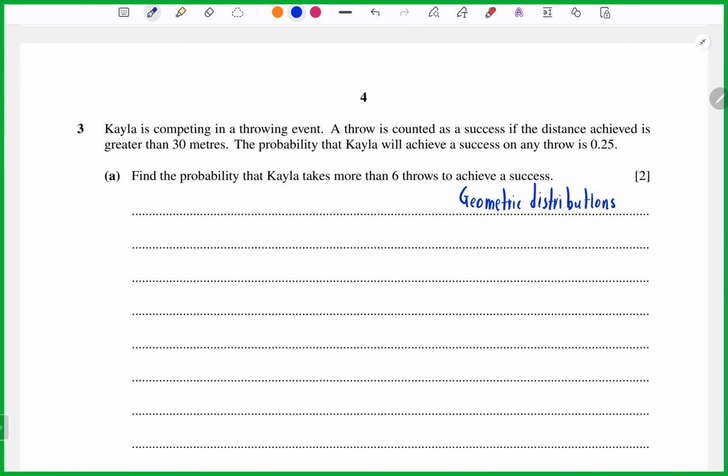The question asks for more than 6, so we can apply the formulas here. When X more than x, we take q to the power x. When X less than or equal to x, you take 1 minus q^x. Now you see it's more than, so you take P(X more than 6) equals 0.756.